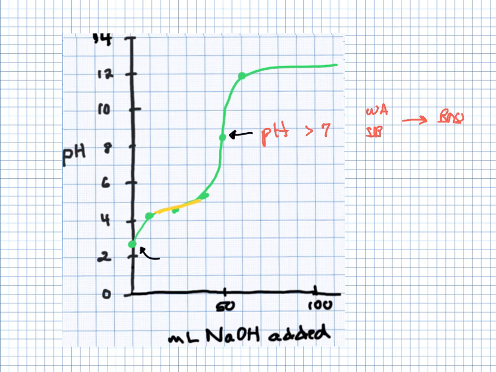The strong beats the weak. Note that we started at a relatively high pH, higher than we would have if it had been a strong acid. And also note that this rise here is much shorter than it was for the strong acid, strong base. It's a much smaller rise. And that's it for weak acid, strong base.